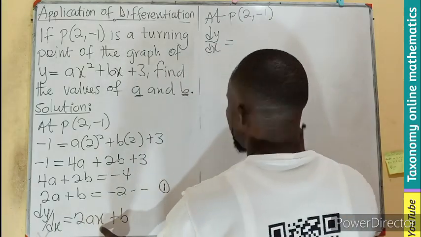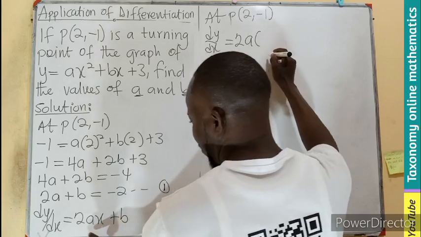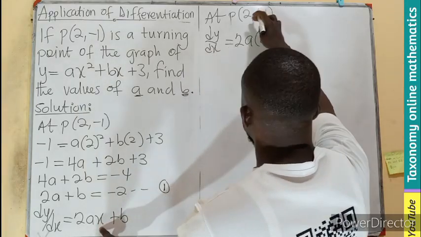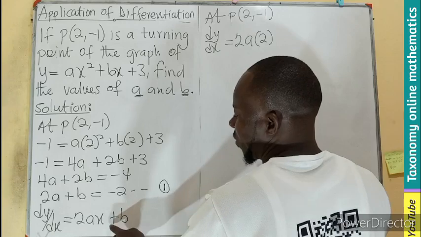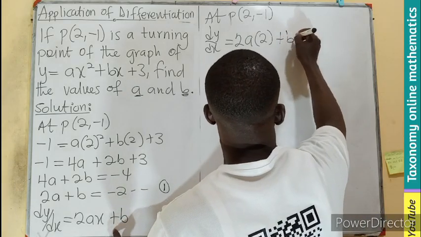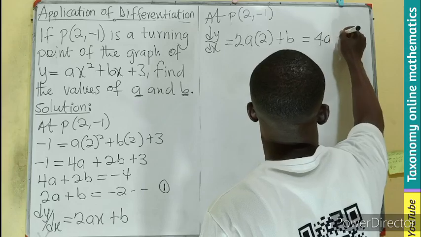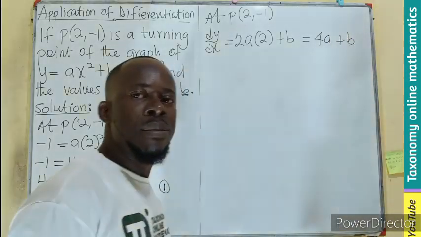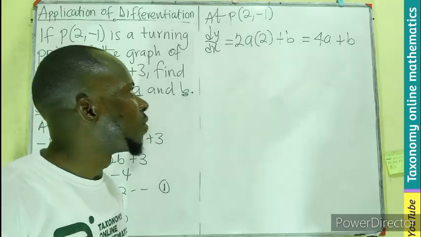So 2a times 2. This is the x value, and there is no y value here, so we pick the b like this to give us 4a plus b. So that we eliminate the x as well from there.